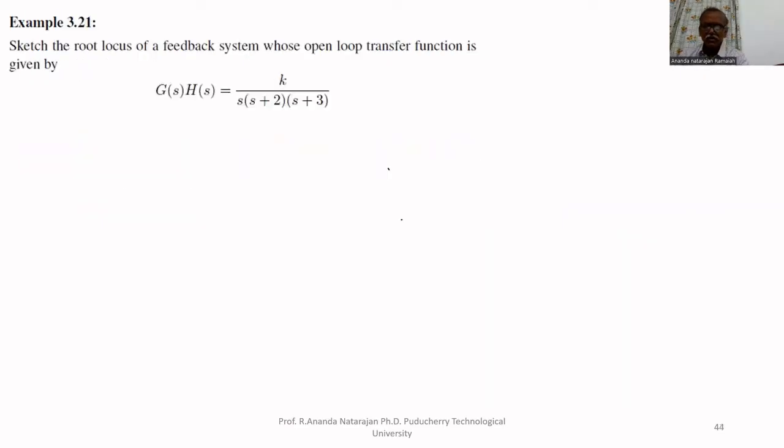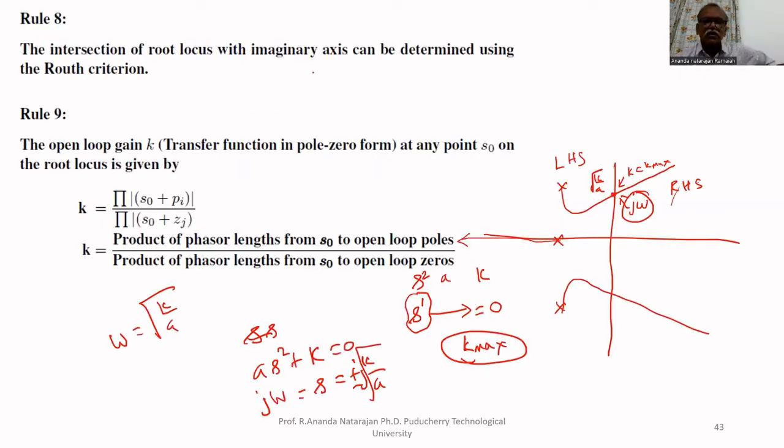What does the 9th rule say? The 9th rule is to find the value of K at a particular point on the root locus. Suppose I want to design a control system whose zeta must be 0.7. We know that zeta equal to 0.7 means theta equals cos inverse of 0.7, that is equal to 45.5 degree.